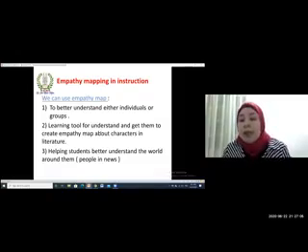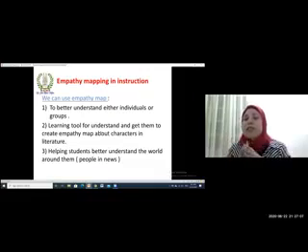Number two, the most interesting use for empathy mapping, especially for teenagers, is to understand and get them to create empathy mapping about the characters in literature.